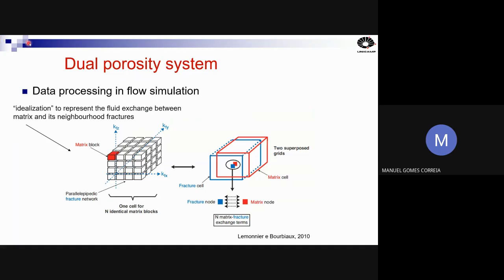So in a dual porosity system, you have two grids. So for each block, you have two. So you have a fracture block and you have a matrix block. So you have two superposed grids, okay? So in the dual porosity system, that's the reason it's called dual porosity system.